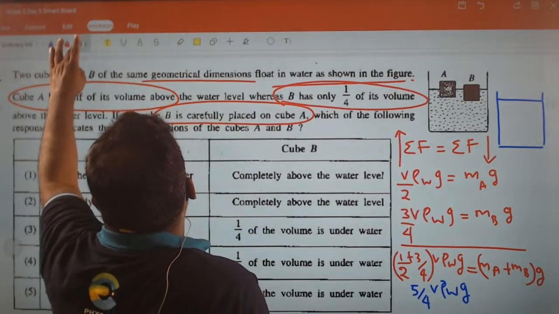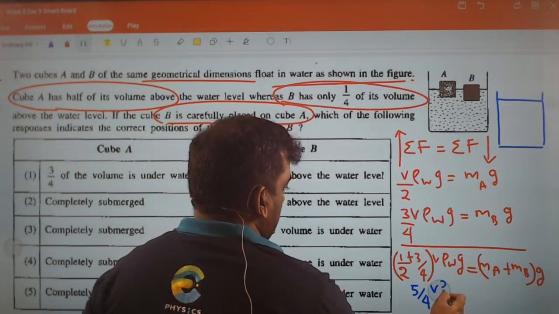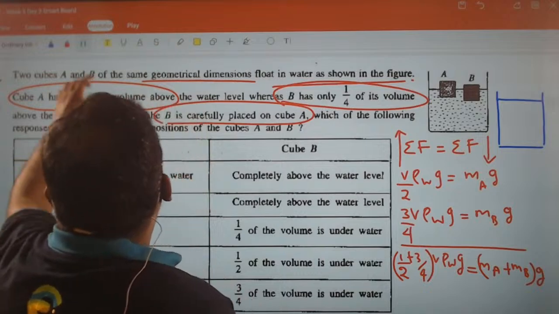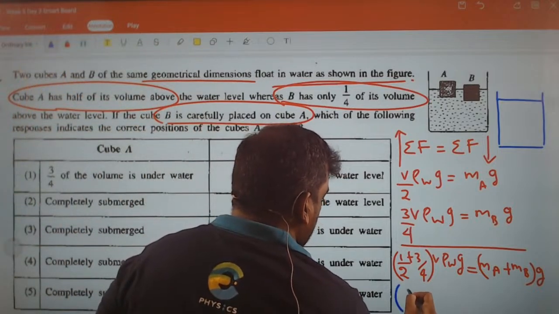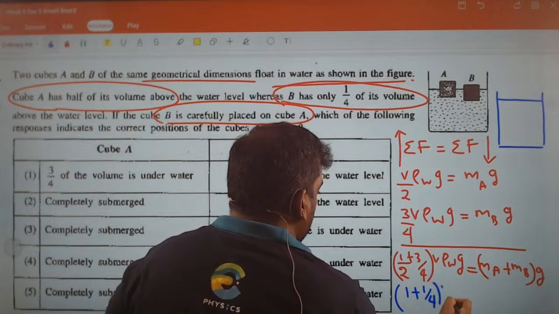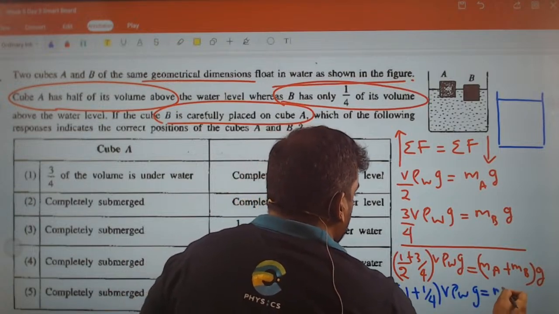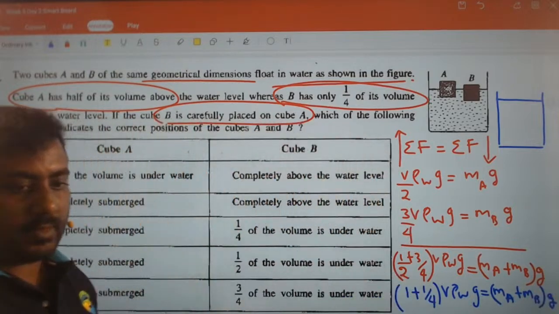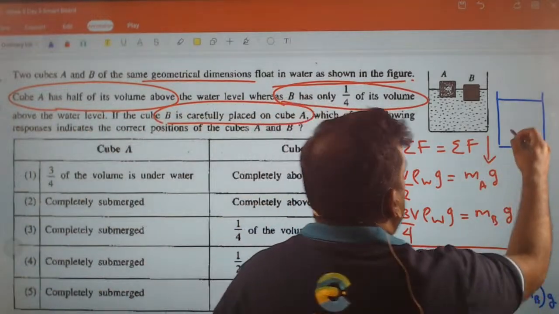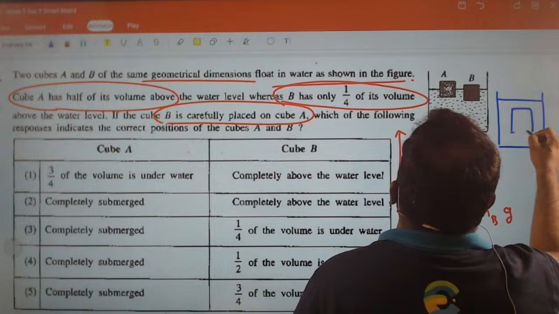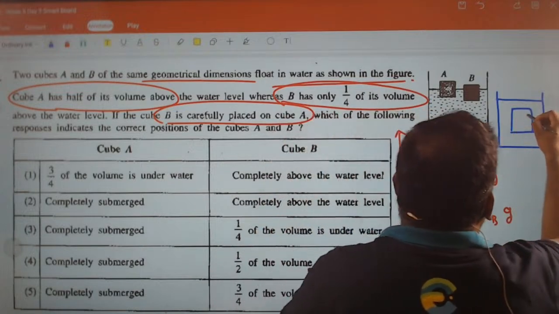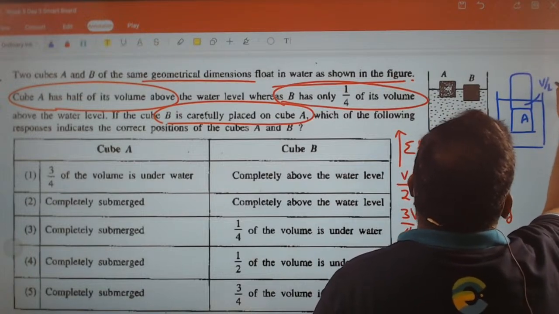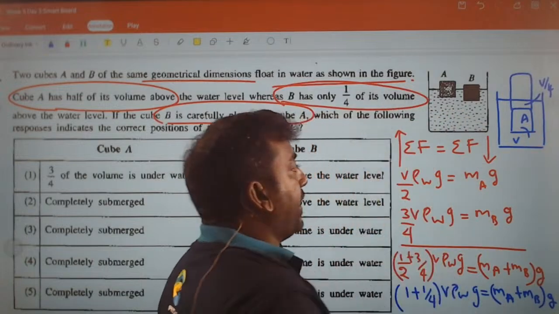If I simplify this, this is what you will get: 1 plus a quarter, times V rho W g, equals Ma plus Mb g. A is completely submerged, and a quarter of the volume of B is underneath.